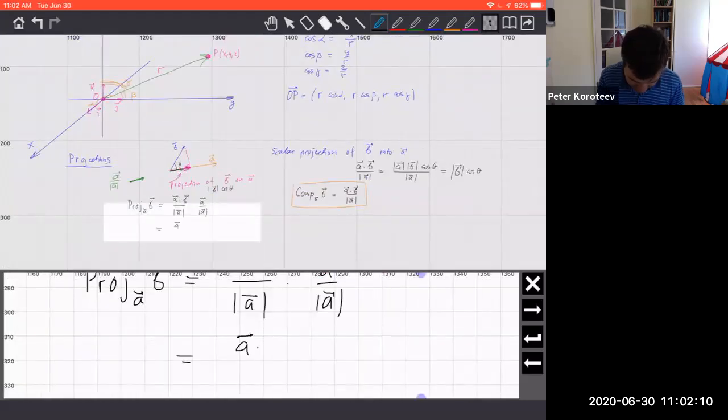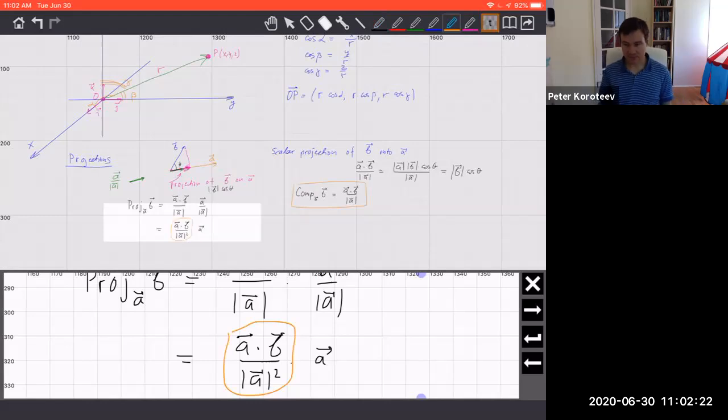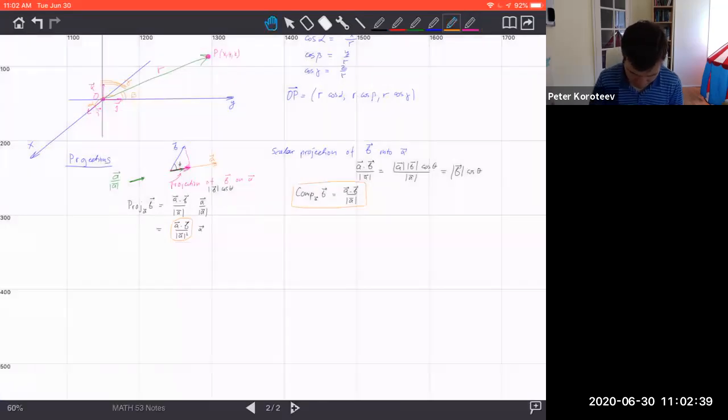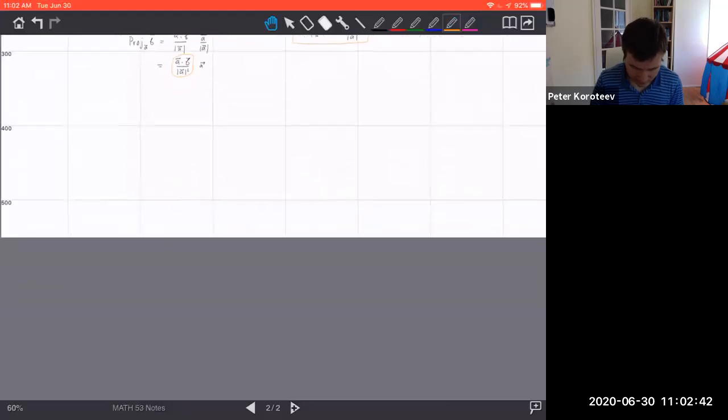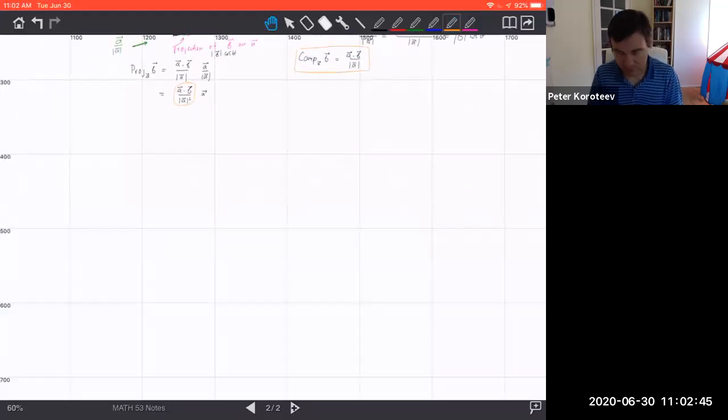So it's A dot B divided by absolute value of A squared, times A. So this thing is a coefficient. It's a scalar that multiplies A. Good. So yes, you can see using this technology, it's easier to do the computations.